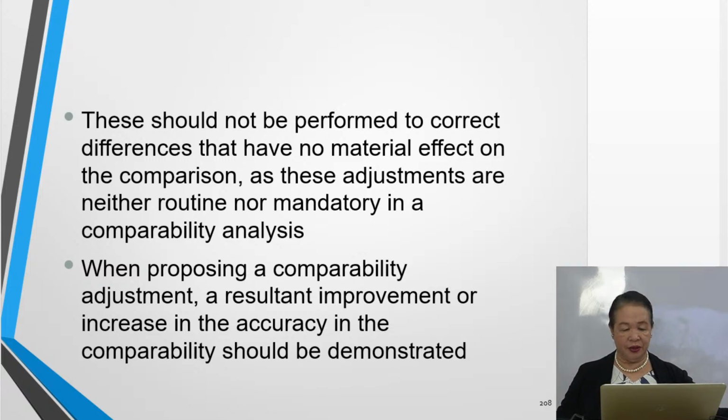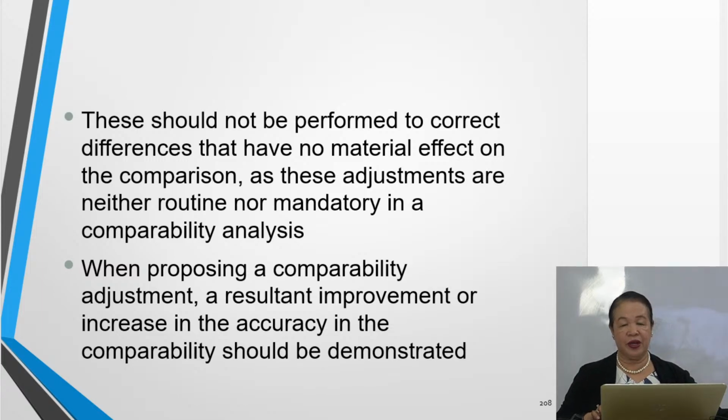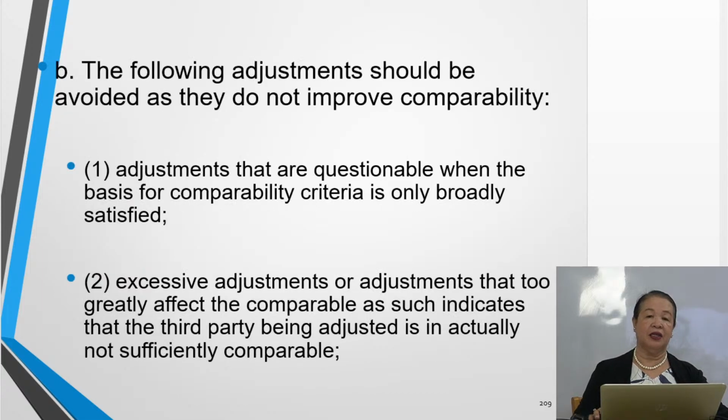Yun ang ginawa noon. So when proposing a comparability adjustment, a resultant improvement or increase in the accuracy in the comparability should be demonstrated. So, dapat may increase in the accuracy ng comparability kasi kung hindi naman accurate yung pagka-compare, then it can be disputed in court. And there are so many cases in court na nakarating na the transfer pricing na may time na natatalo din yung tax authorities, no? So, just like in the case of the Amazon, no?